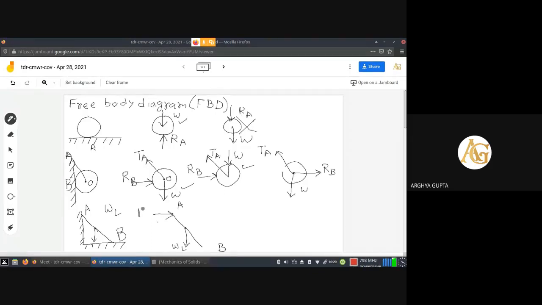So that reactive force will be RA. And at point B, we have a reactive force vertically upwards, like that. So that force will be RB. So that's how the free body diagram of the ladder can be drawn. So these are actually some examples.